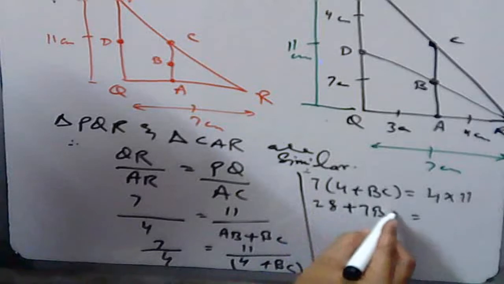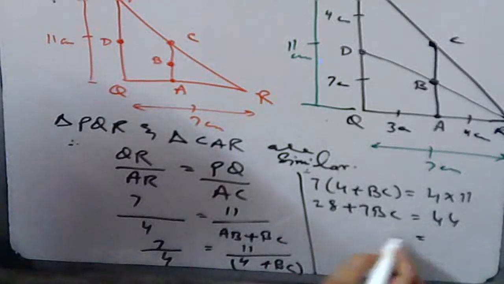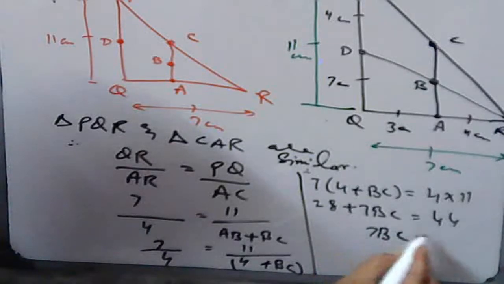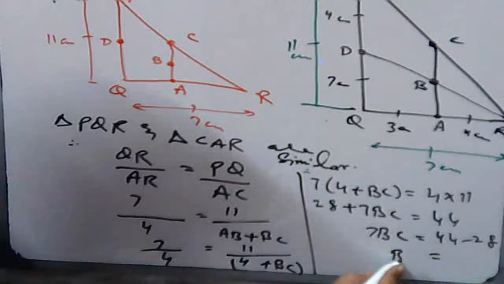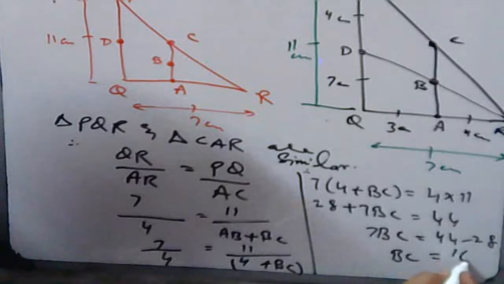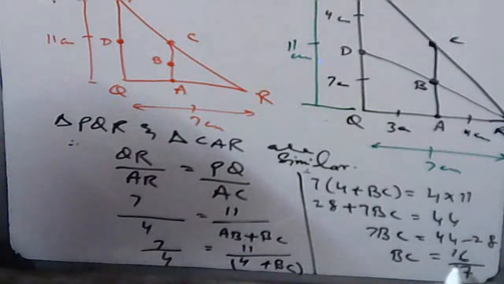So 28 plus 7 BC equals 44. We need the value of BC, 44 minus 28, you will get 16. So divided by 7, this is your required result, but you can divide it and get the result in whole number.